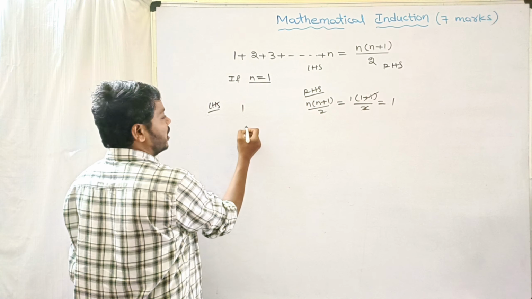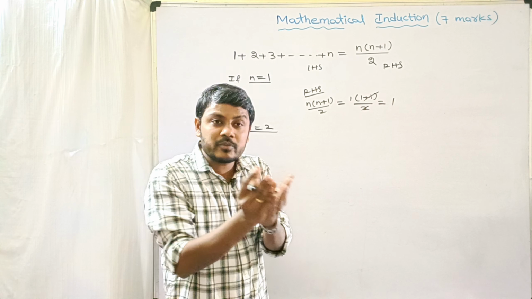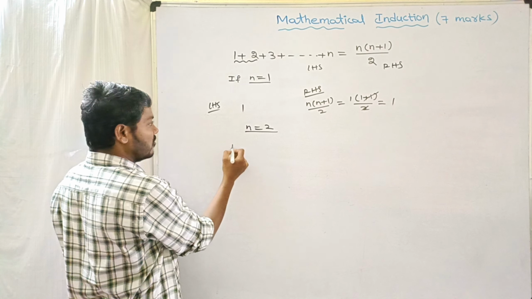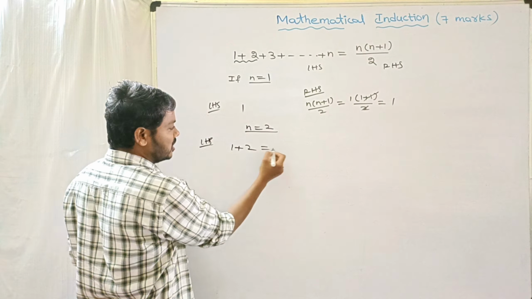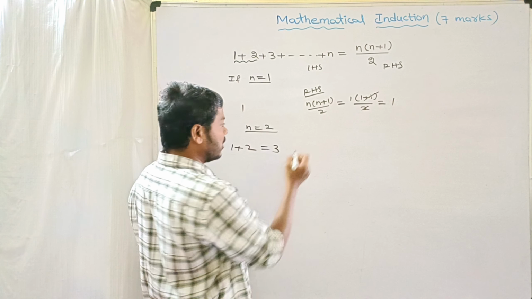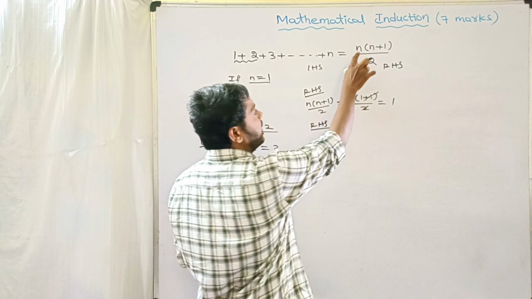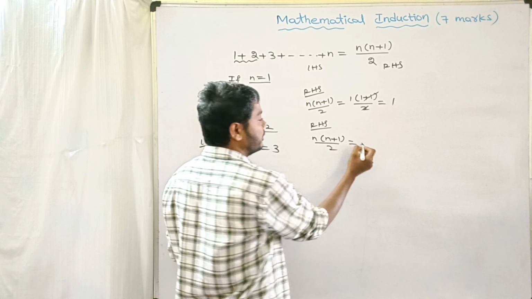Next we take n equal to 2, which means the number of terms is 2. So we take the first 2 terms, 1 plus 2. What is the LHS? 1 plus 2 is 3. And now for the RHS, again n into n plus 1 by 2.